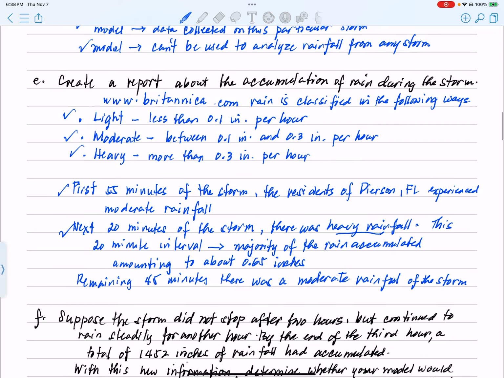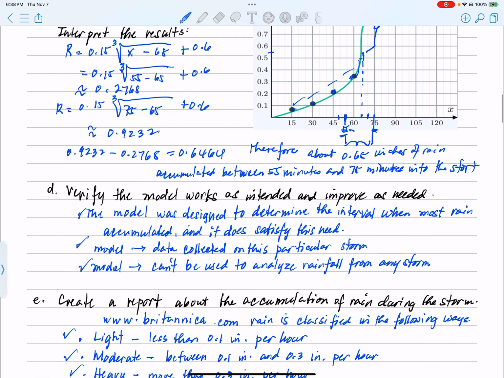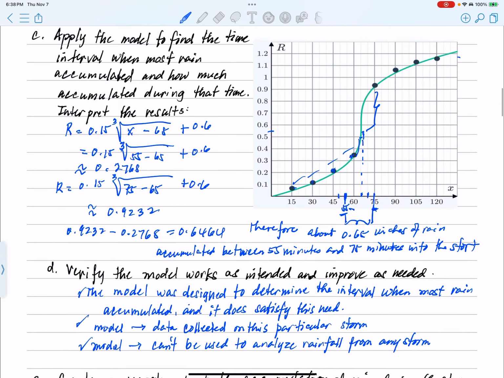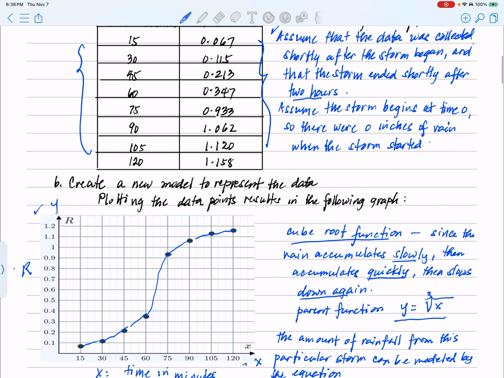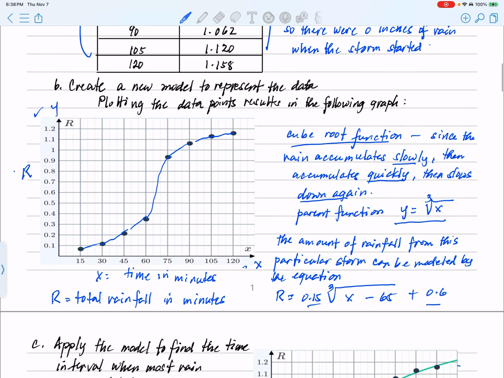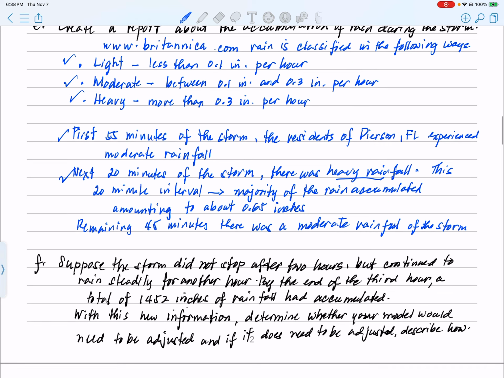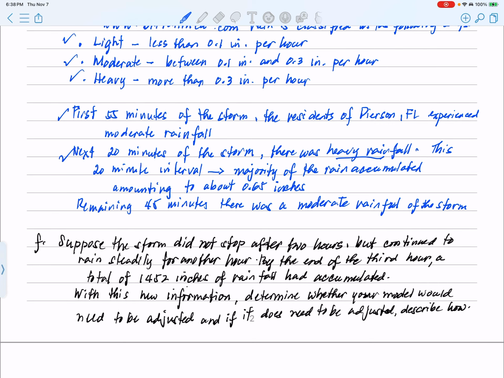So if we go back to the table here, where it rains fast within the time interval here, that is where the accumulation can be determined. For the remaining 45 minutes, there was a moderate rainfall.